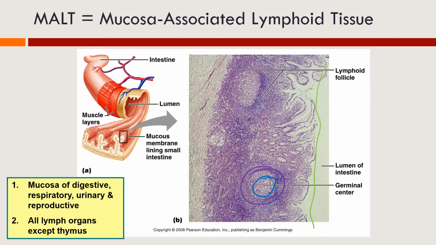So this is obviously responding to some kind of infectious agent that was found in this mucus up here and managed to make its way into that lymphoid follicle as it did its immune surveillance job. All lymph organs, except the thymus, have lymphoid follicles, and then certainly the mucosa of the digestive, respiratory, urinary, and reproductive tracts.